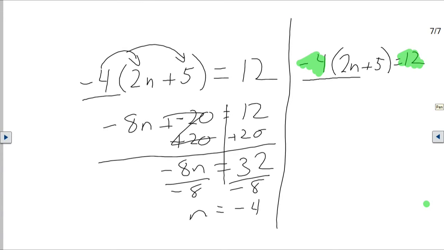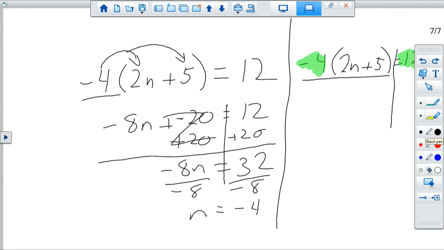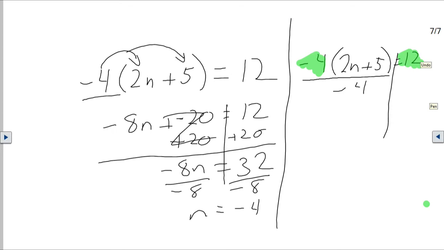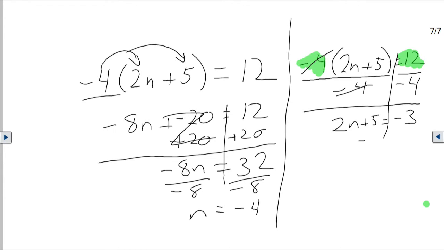So one thing I could do before I start, or to get it down to its two-step equation, is I could divide both sides by negative 4. So by doing that, what happens is those cancel out, and then I'm left with 2n plus 5 equals negative 3.